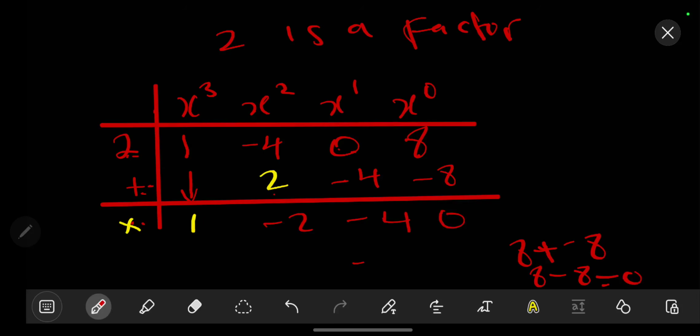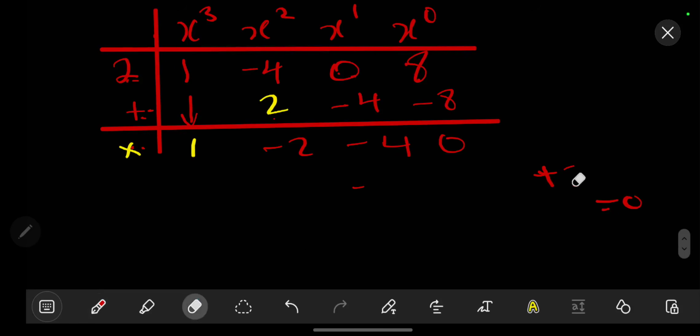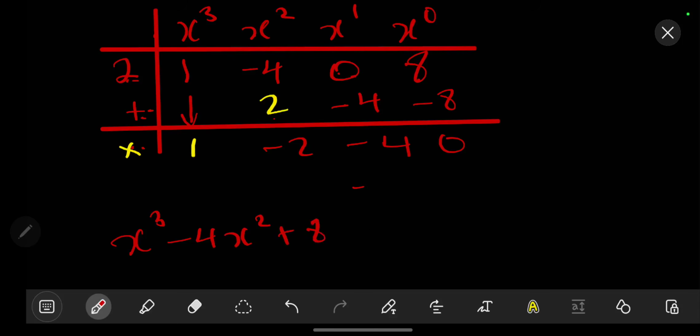Then what we have, for the equation that is equivalent, is x to the power of 3 minus 4x to the power of 2 plus 8, which should be equal to the first factor.